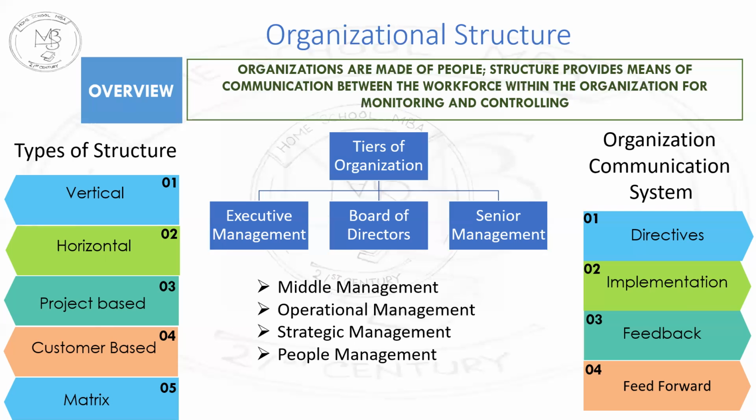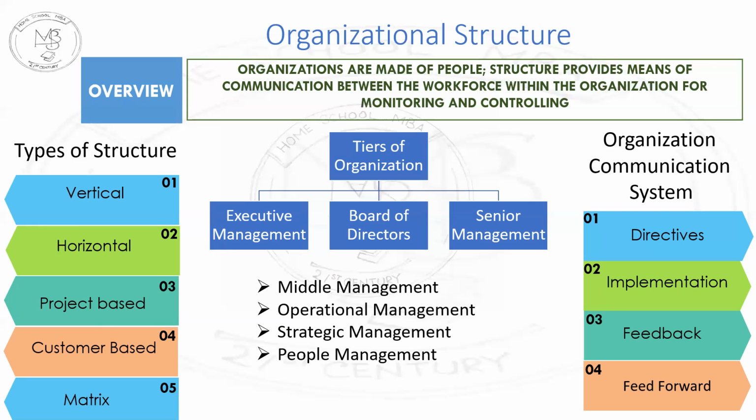Now, this is generally speaking the structural view of any organization. However, you can structure the organization vertically, horizontally, or project-based, or customer-based, or matrix. Explanation of these is not the purview of this lecture. That can be taken up later on.